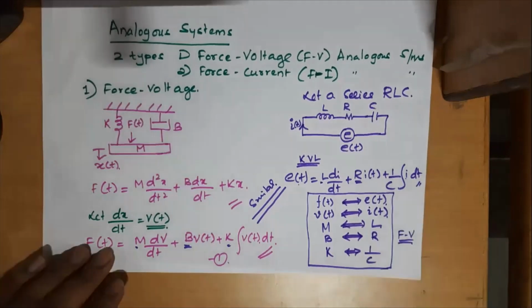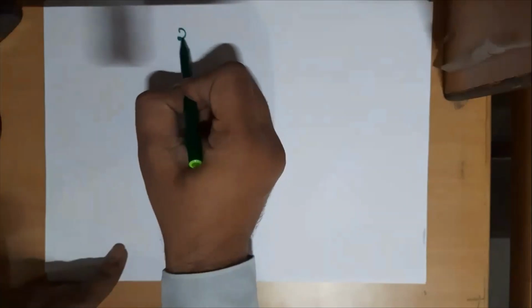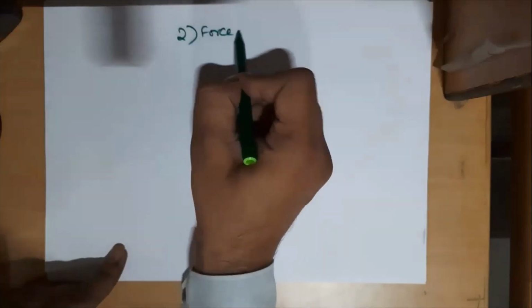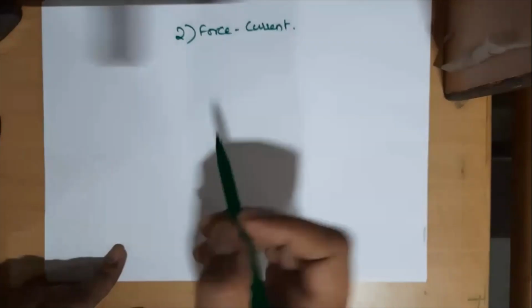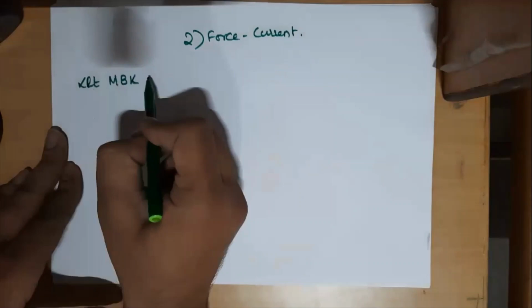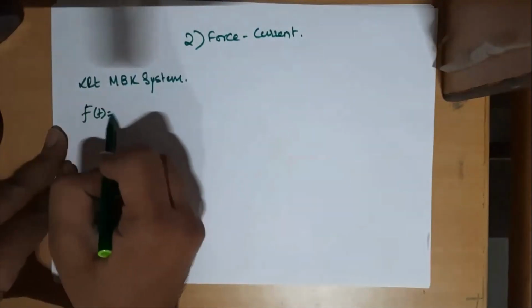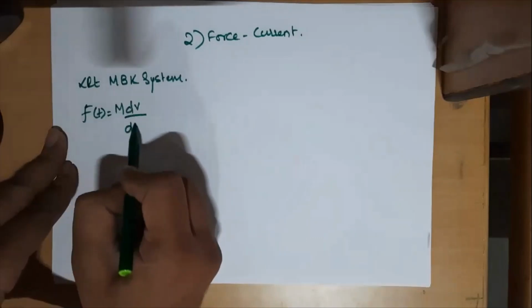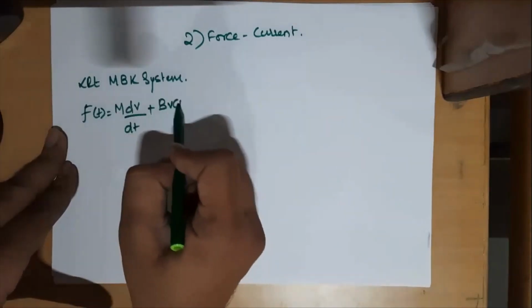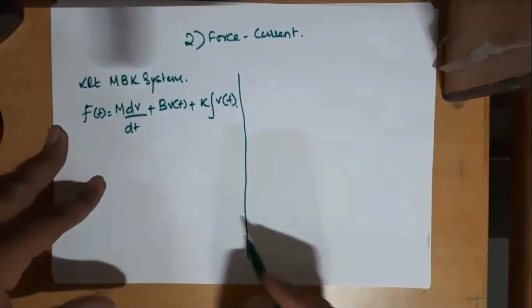So this is FV. Let us look at the second type of analogous system, which is force current analogous system. Let us consider the same MBK system as the previous one, same expression, whatever we did.